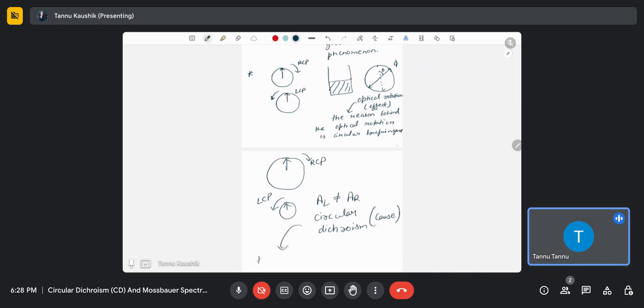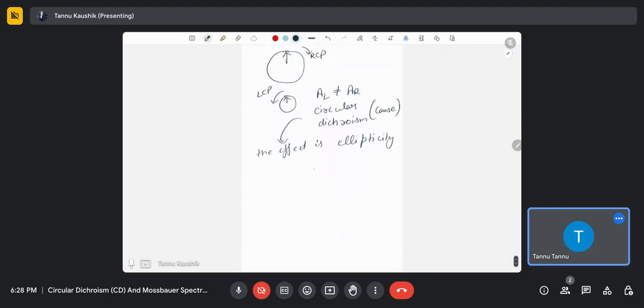And the effect we get is ellipticity. This is what we call ellipticity effect.